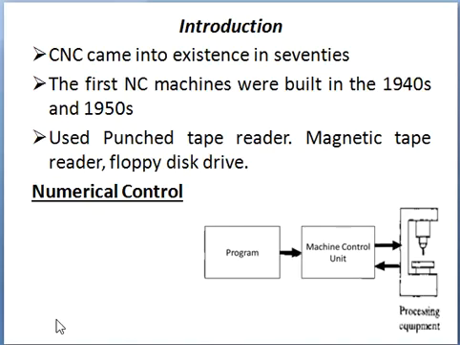Those instructions were interpreted using a mediator interface, referred to as an interfacing unit. With the help of the interfacing unit, instructions were read by the machine, and the machine performed particular functions.